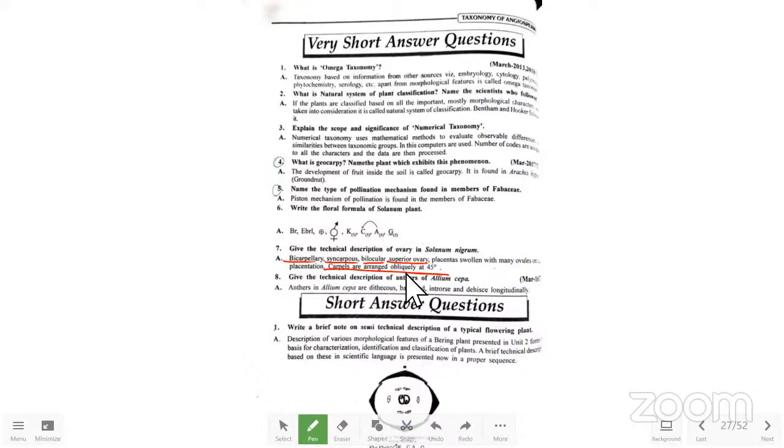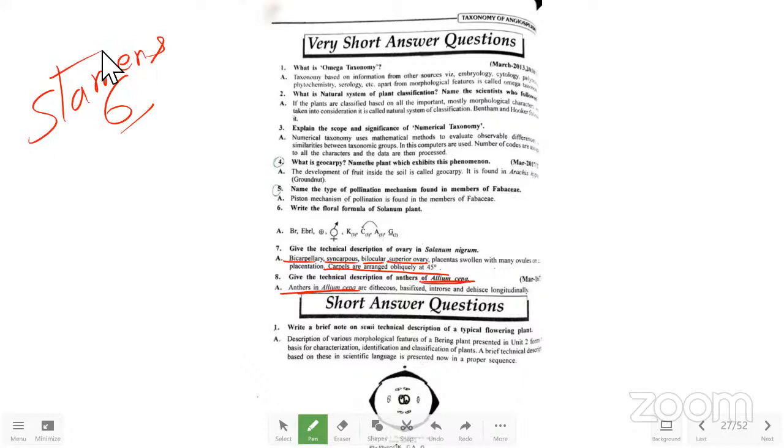That's the one. And the last one: give the technical description of the anthers of Allium cepa. Only the anther description we have to say. The anthers in Allium cepa, of the Liliaceae family, we have already described in the 4 marks question.